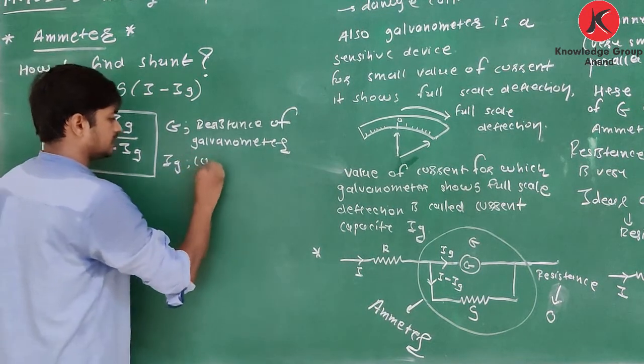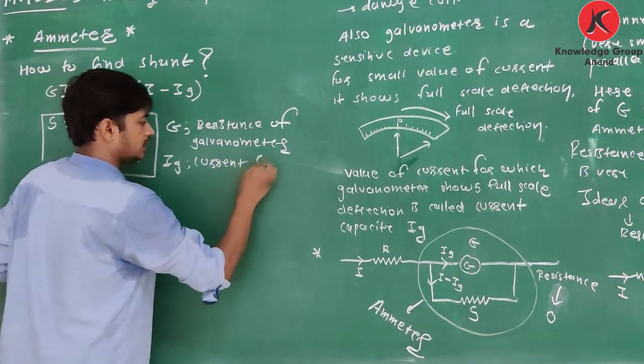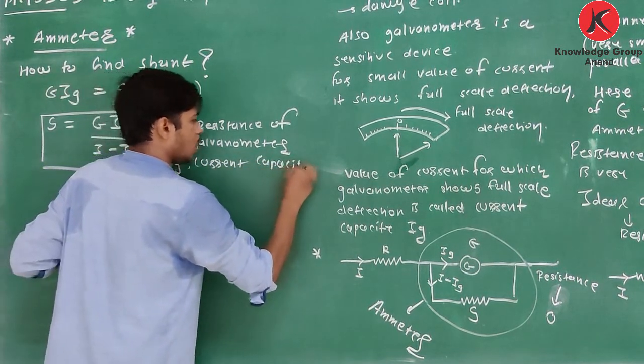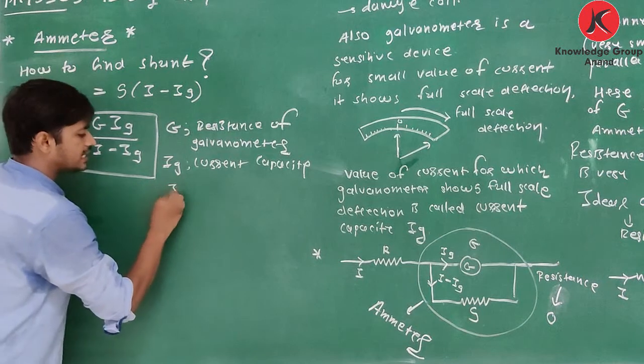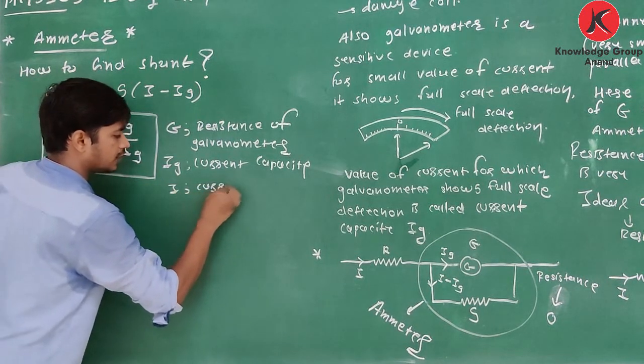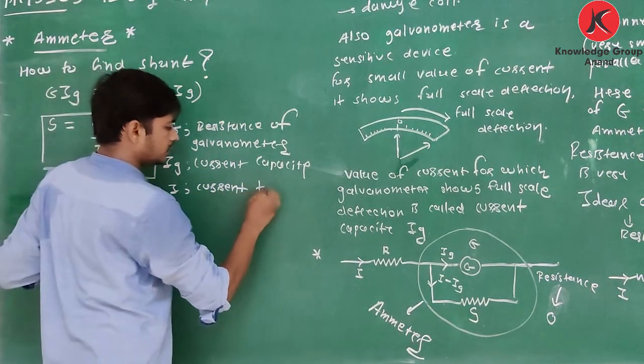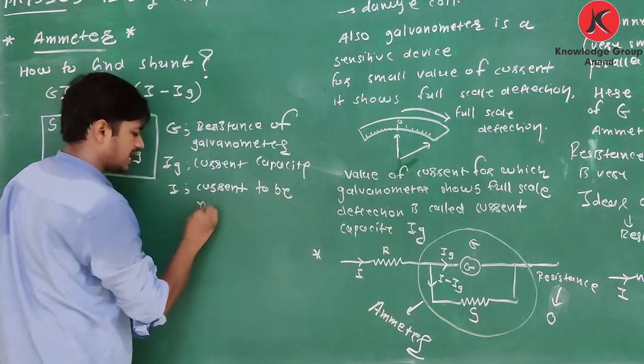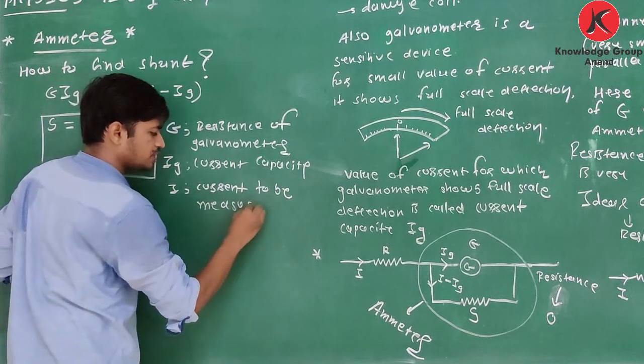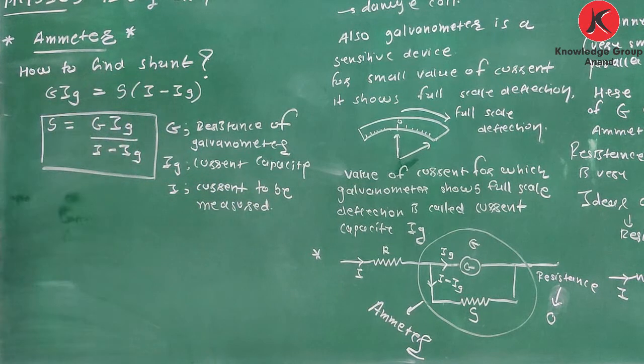What is I? I is the current to be measured. Clear about this? Okay. So yes, this is the equation of the shunt: S is equal to G Ig upon I minus Ig.